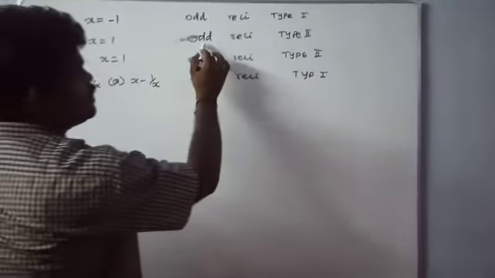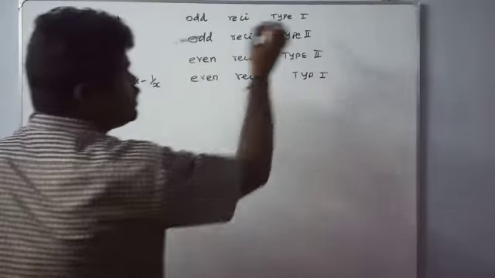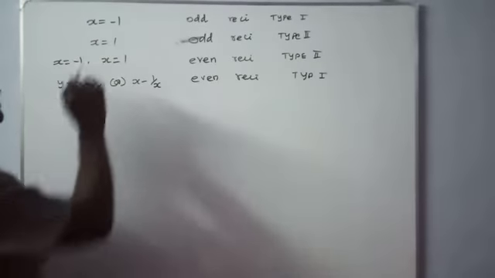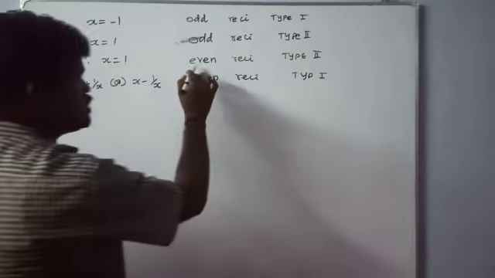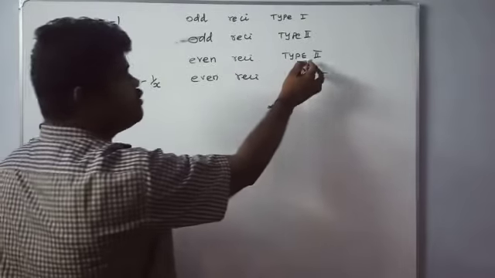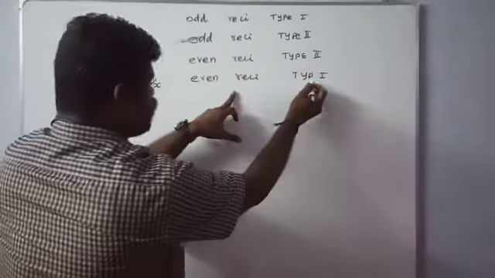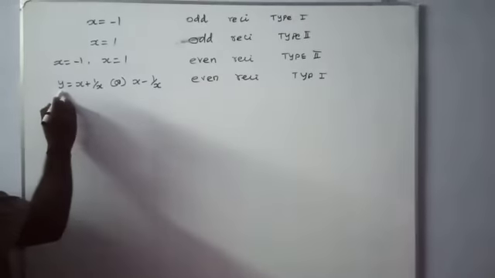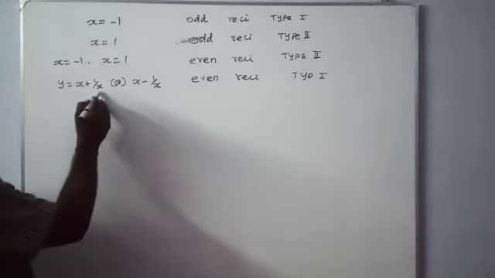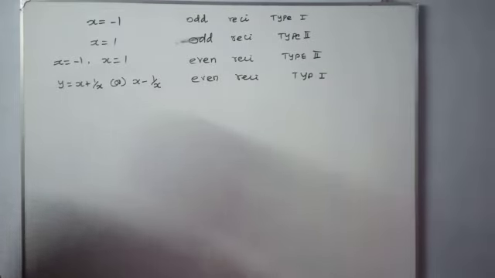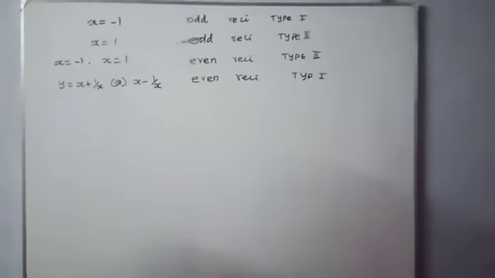And suppose an equation is odd degree reciprocal of type 2, x equal to 1 is a solution. And suppose the even degree reciprocal equation of type 2, first is type 2. Therefore x equal to minus 1 and x equal to plus 1, both are solutions. Even degree reciprocal of type 1 is there. Put y is equal to x plus 1 by x or x minus 1 by x. This is a very important condition. Okay, right. Now these conditions we use in the sum.